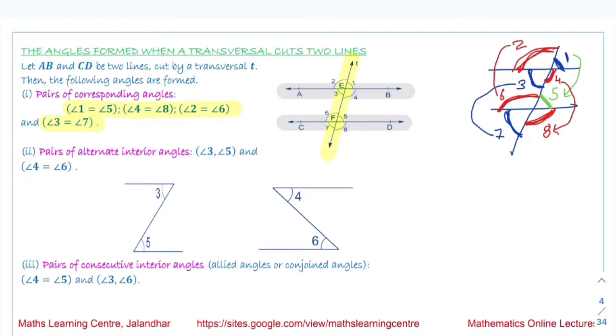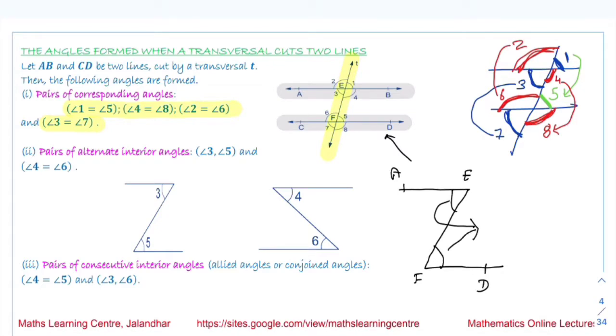If we look at this figure in this form, with A, E, F and D, then the pair of these two angles are called the alternate interior angles. Why interior?